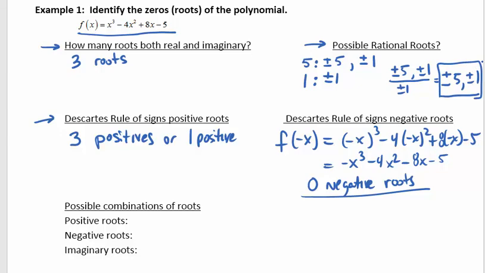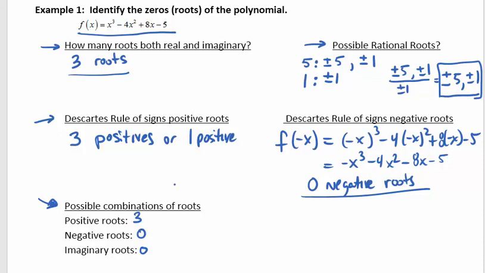All right, let's put this together. I kind of talked about this, but let's formalize this. After Descartes' rule of signs, we could have 3 positives, 0 negative roots, and 0 imaginary roots. Because remember, we have 3 roots in total, and if they all end up being positive rational, we could have 3 positive rational and none of the others.